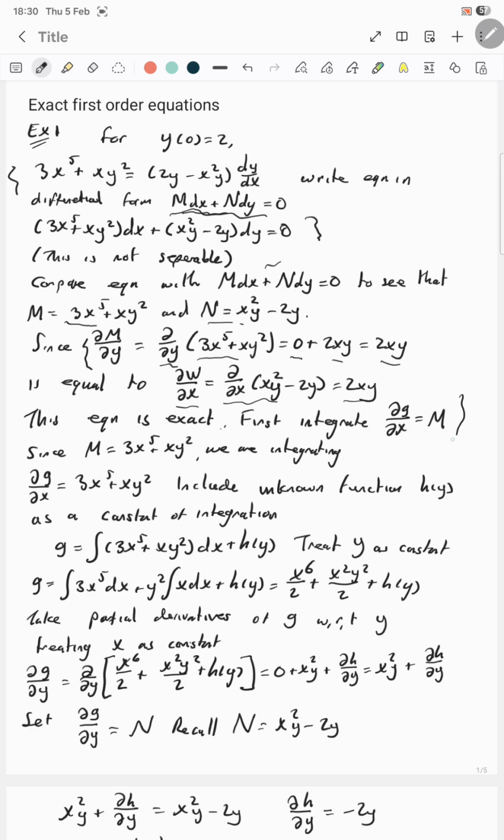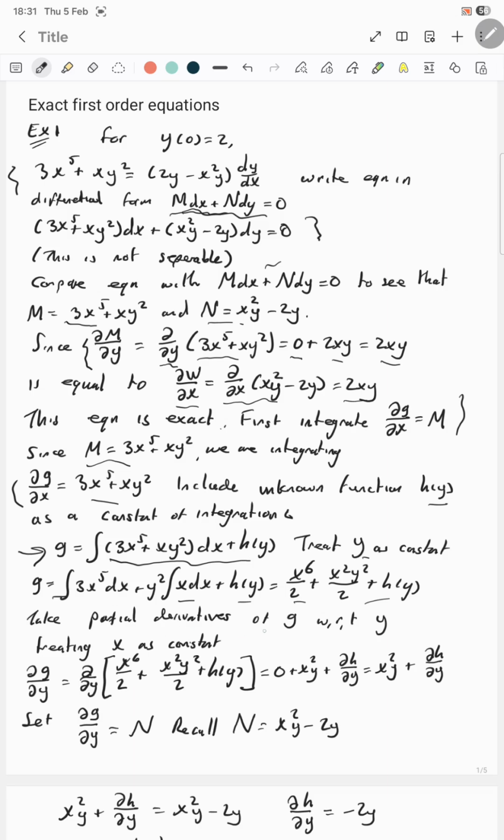Now first we integrate this with respect to x, where M equals this. We are integrating this and include the unknown function h of y as a constant of integration. We get g is equal to the integral here, and we treat y as a constant, so our g becomes this here.